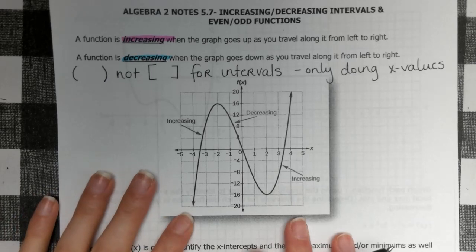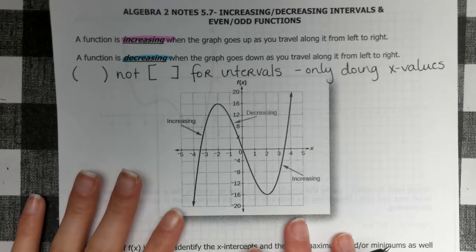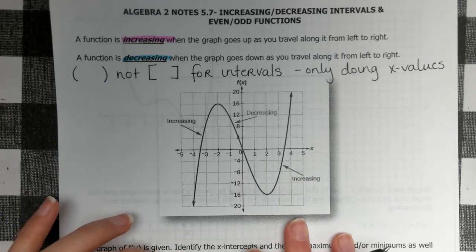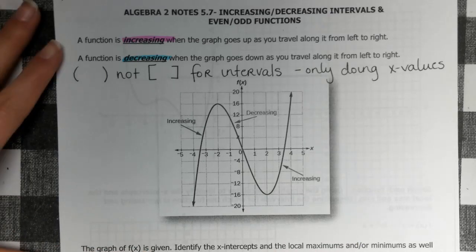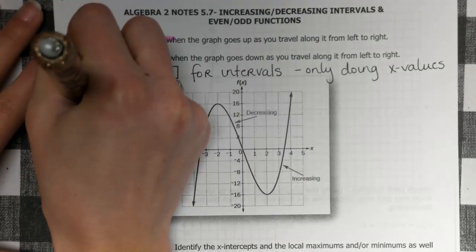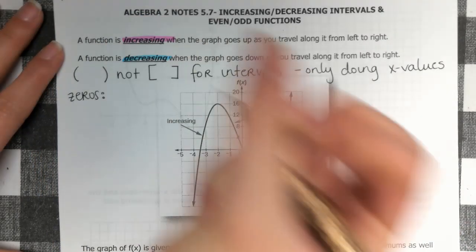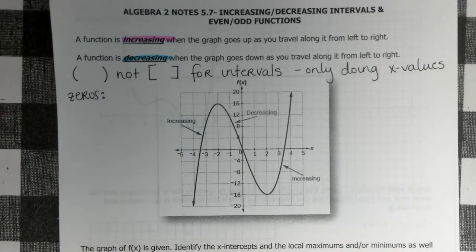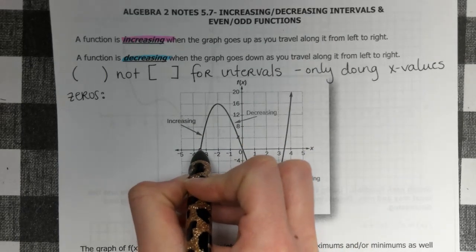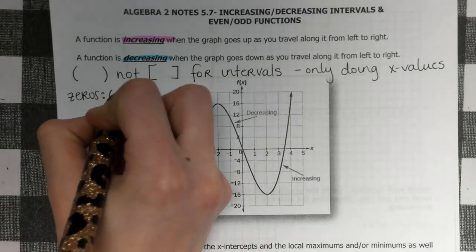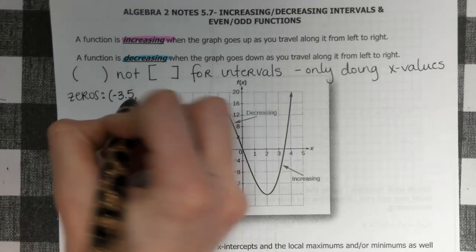So from this graph, okay, we're still going to identify our zeros and our local max and min, just like what we did with 5.6, okay? So we're going to estimate this graph. So our zeros, remember, are your x-intercepts. Okay, so I have a zero right here, which we can estimate to be negative 3.50.